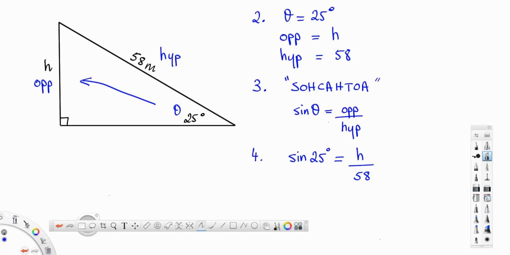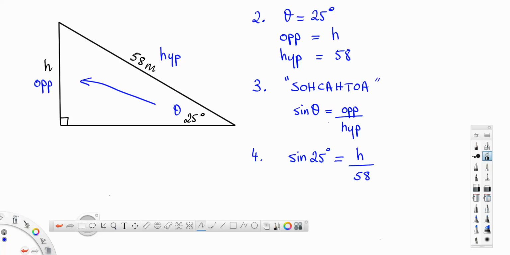Okay, so sine 25 degrees is equal to about 0.4. So this is like having an equation, 0.4 equals h on 58. So think of sine 25, it's just a number, it's a ratio. And do it on your calculator and you'll see it's about 0.422618.